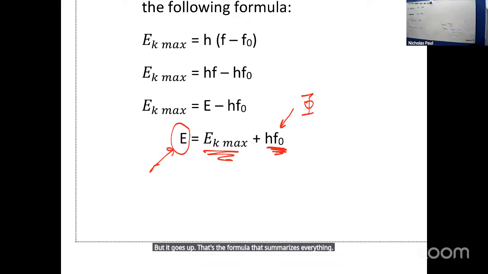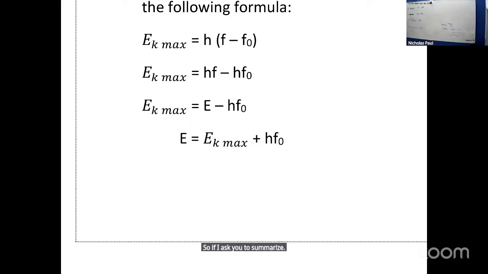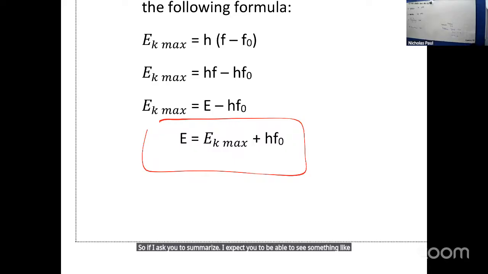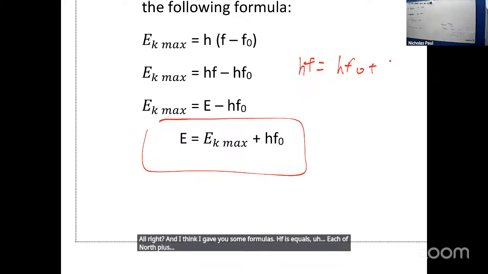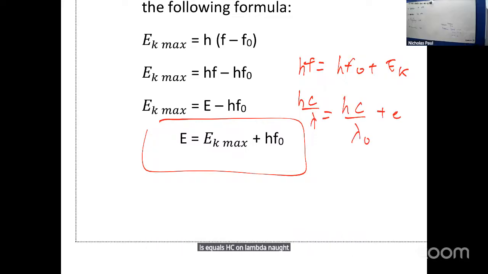If I ask you to summarize the photoelectric effect, I expect you to be able to say something like this. I think I gave you some formulas. hf is equal to hf naught plus kinetic energy. I also gave you hc on lambda is equal to hc on lambda naught plus eVs.